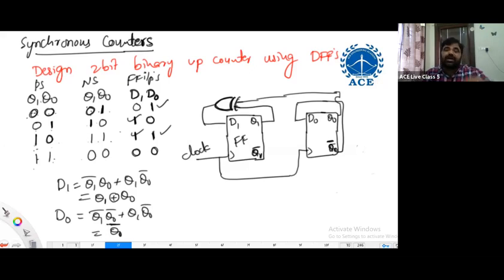I did not say that this is just like this. No, let us understand why it is like that: why we get setup time, why we get hold time. That is required for our competitive exams. That is the reason I am trying to build the basics correctly. Then you can play with the subject. Does anyone have any questions in this design of the 2-bit binary up counter?